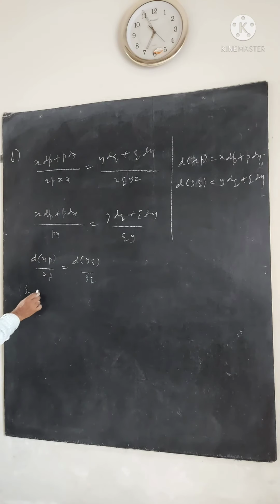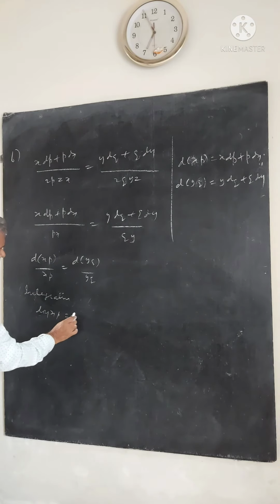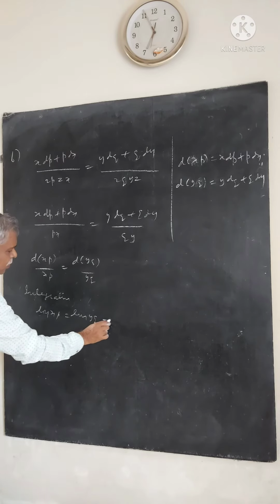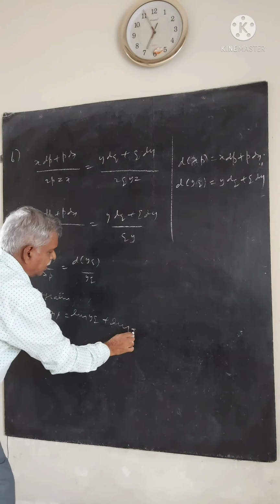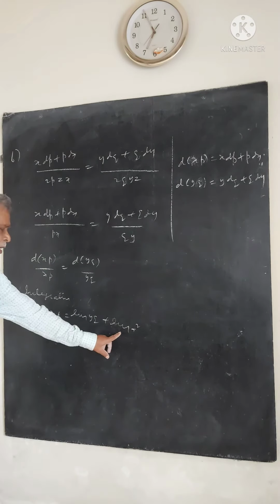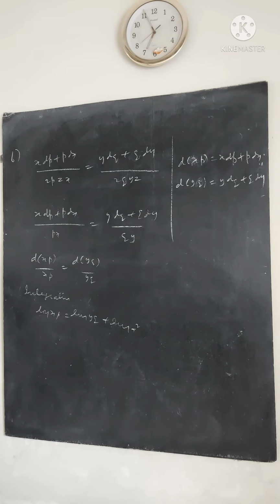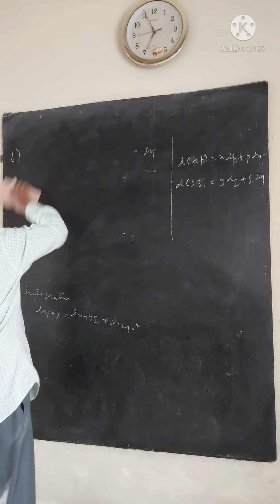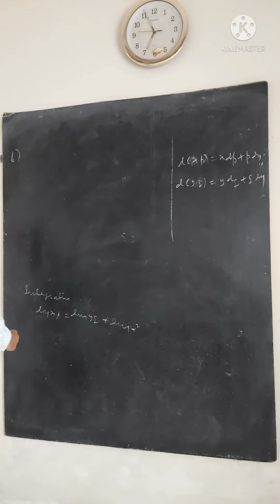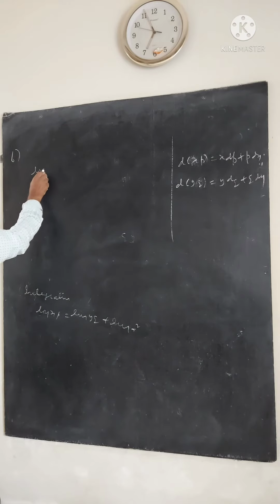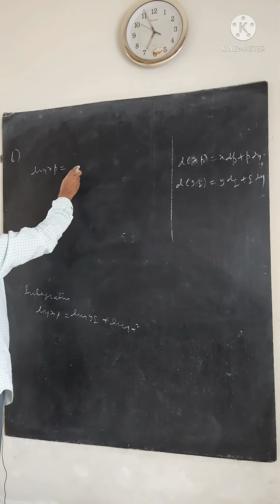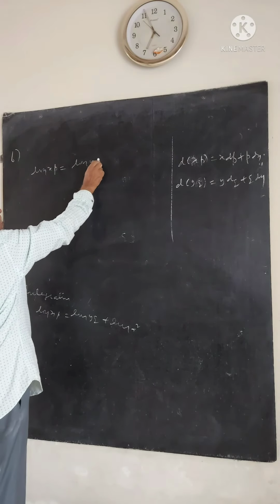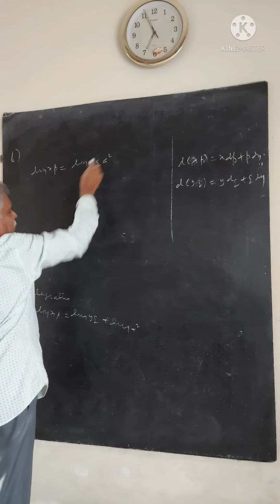Integrating, log xp equal to log yq plus log a square, taking a square as our constant. Log xp equal to log yq a square.